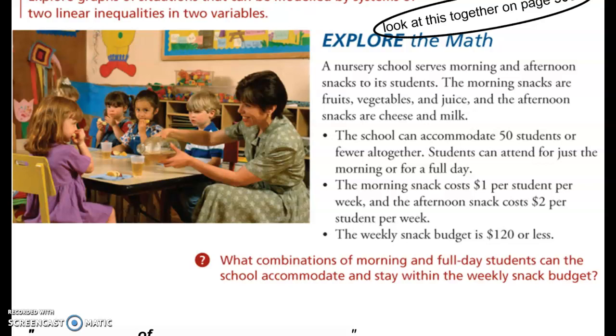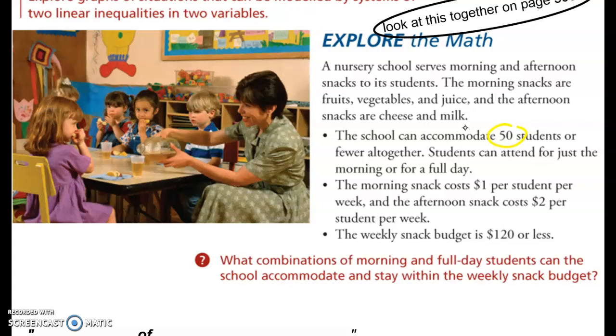It says a nursery school serves morning and afternoon snacks to its students. This obviously is pre-COVID. The morning snacks are fruits and vegetables and juice, and the afternoon snacks are cheese and milk. The school can accommodate 50 students or fewer, so we're talking about 50 or less. That's an inequality there. Students can attend for just the morning or for a full day.